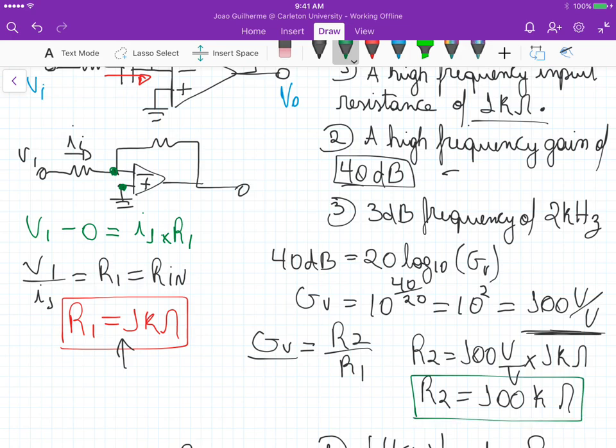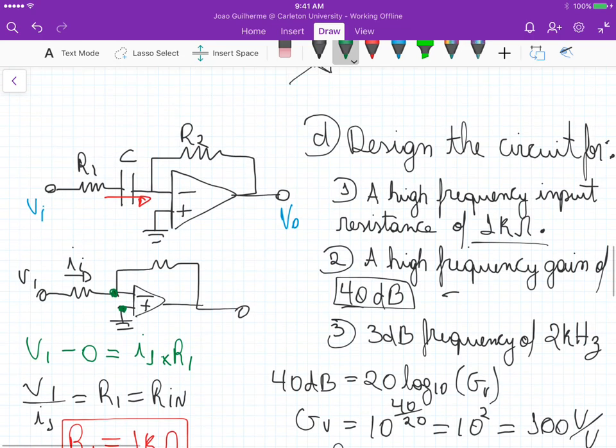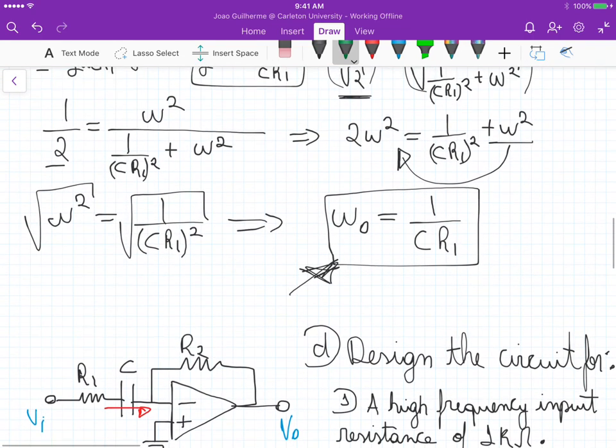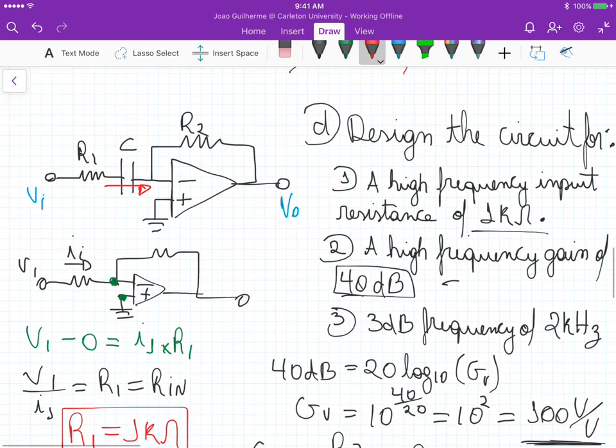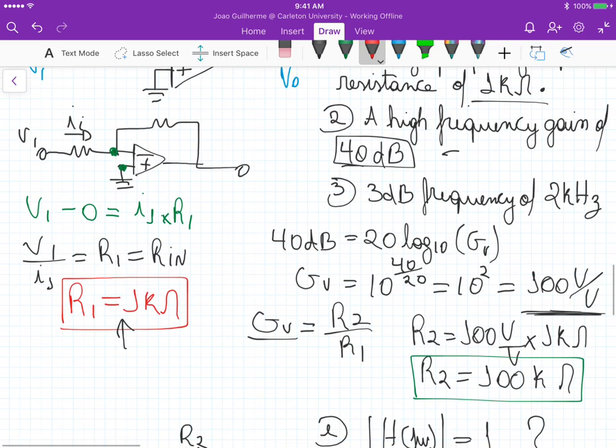And now a 3 dB frequency of 2 kilohertz. A 3 dB frequency means that we must have omega equal to 1 over CR1. So now we can define the value of C. So 2 pi f, that's omega, equals 1 over CR1.